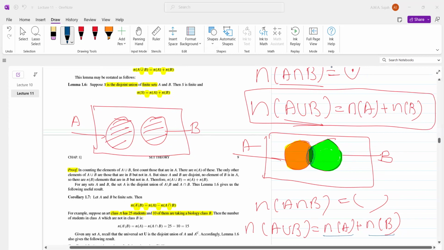So now I need to subtract one intersection. Then it's correct.